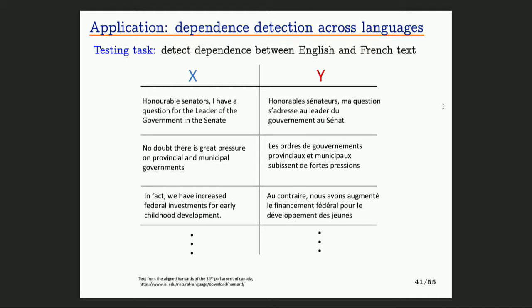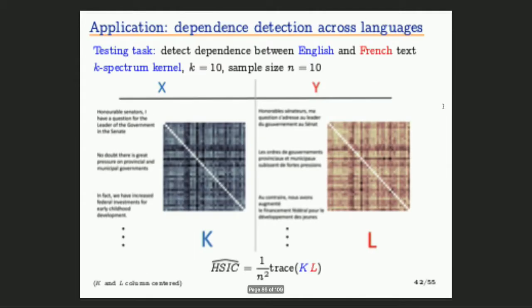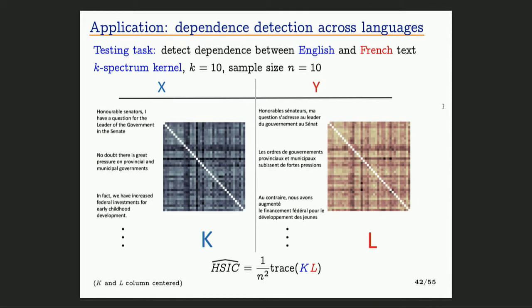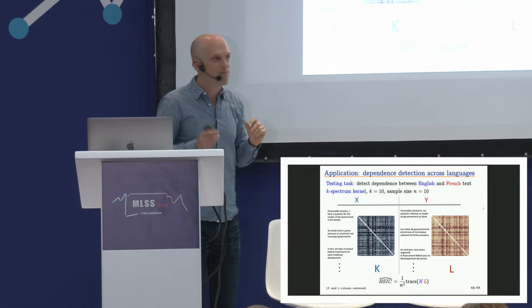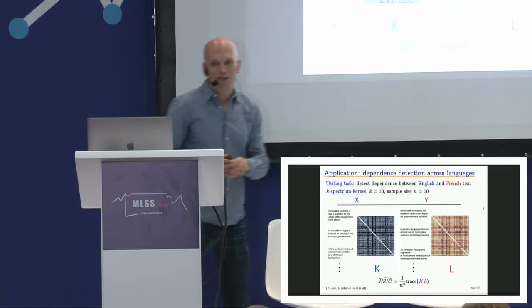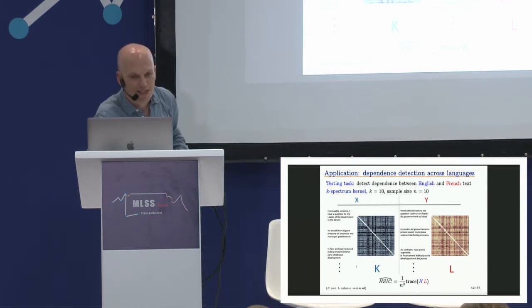All right. So let's see now what happens if I'm in this setting and I'm using HSIC to find the dependence between x and y. So here is my matrix K on pairs of the English fragments.